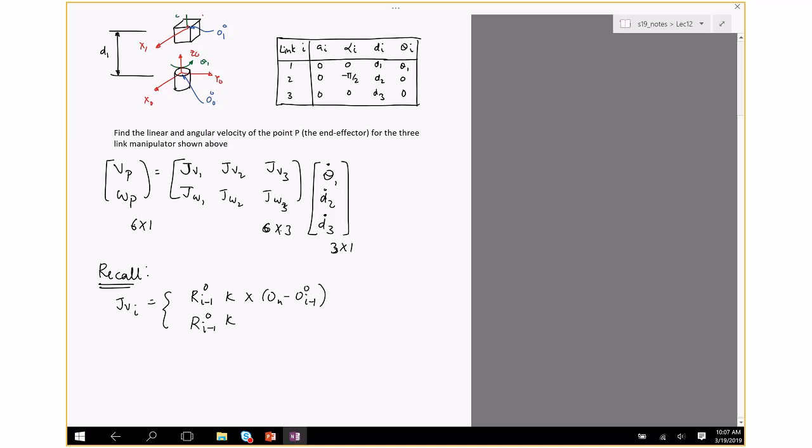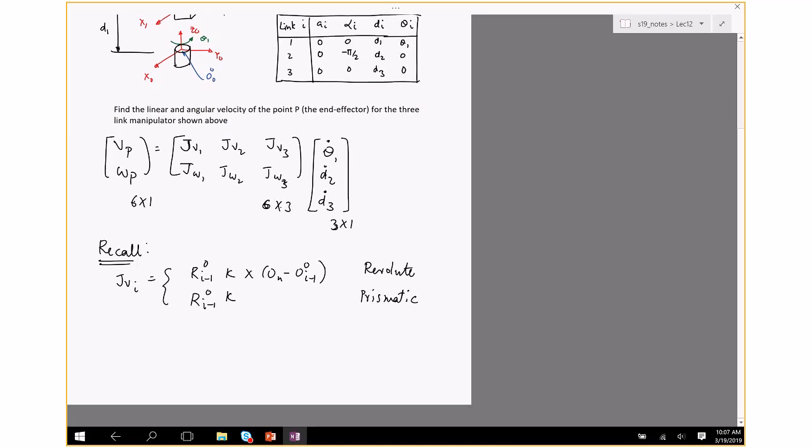The first formula is for the revolute joint, and the second one is for a prismatic joint. Depending on the joint, you would choose the appropriate JV.